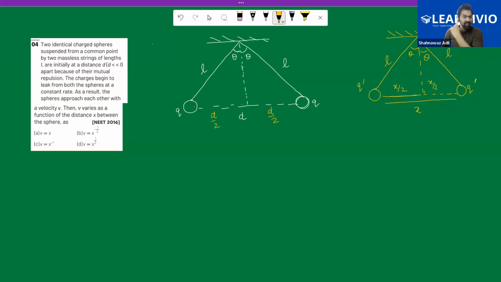Let's say the mass of this charge is m. So this has mass m, and this also has m. Can you tell me how many forces are acting on this thing?